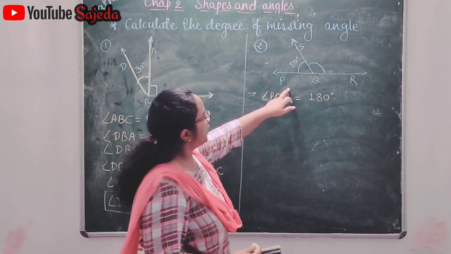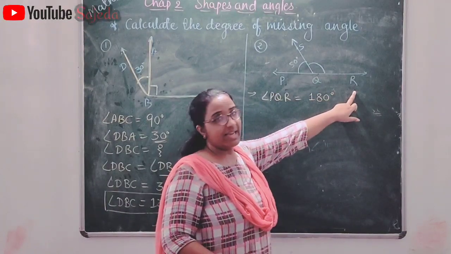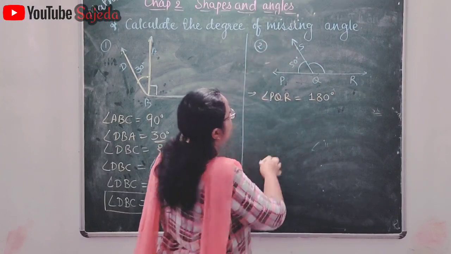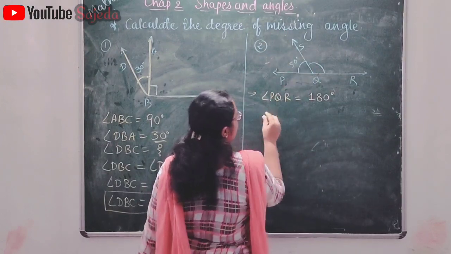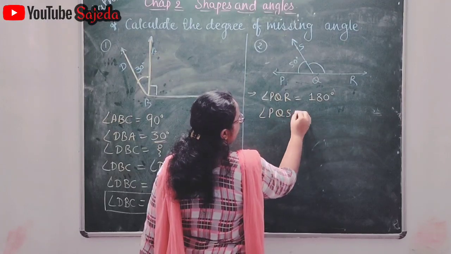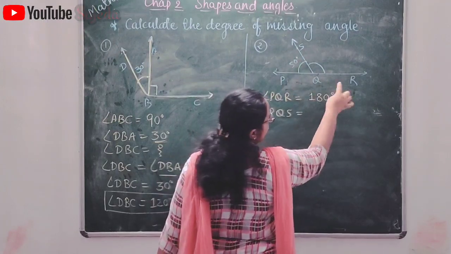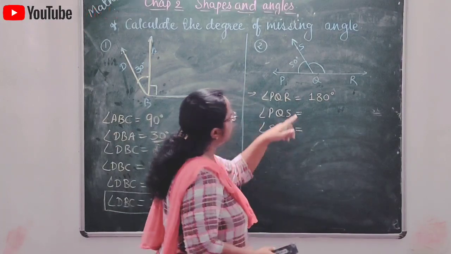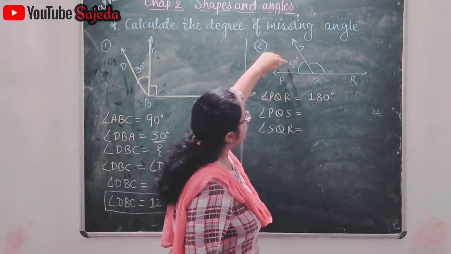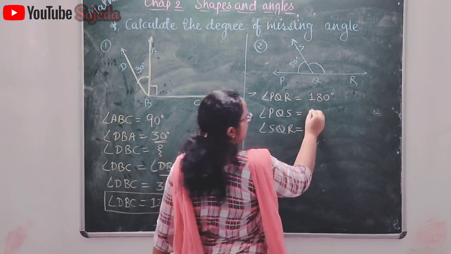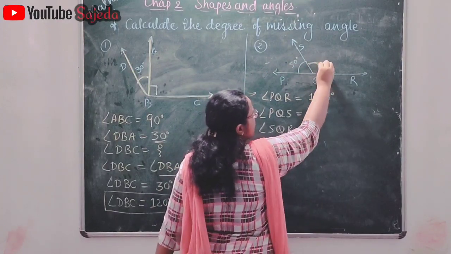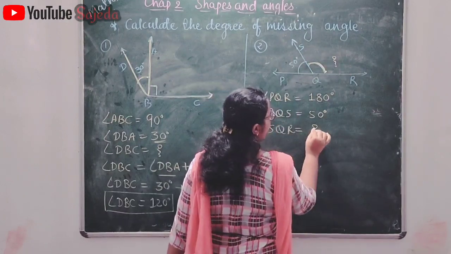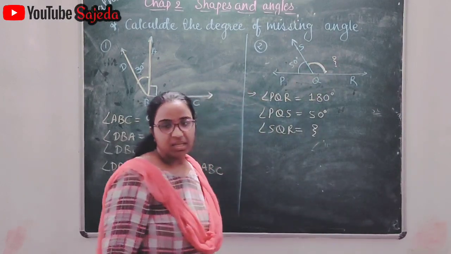Now PQR is the biggest angle, and this biggest angle is divided into these two angles. The first one is PQS and another one is SQR. You can see here that angle PQS is given as 50 degrees, and the measurement of angle SQR is not given. That means we have to find out this one.